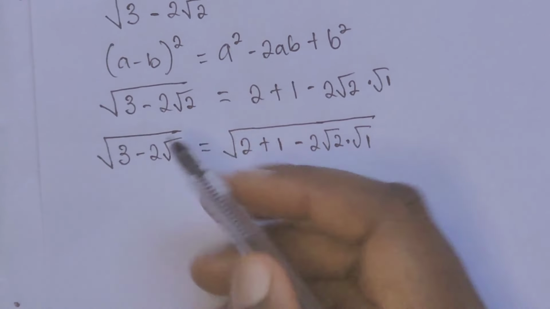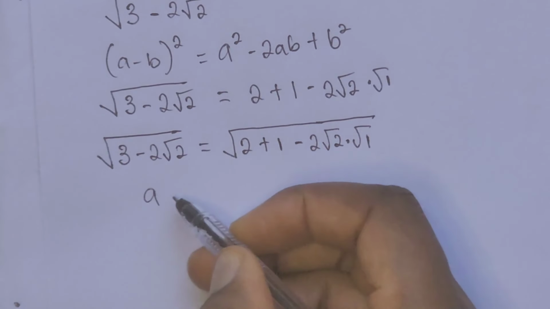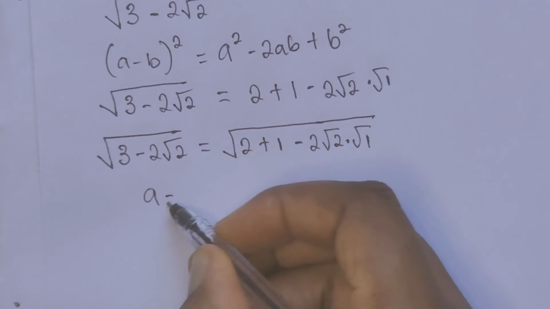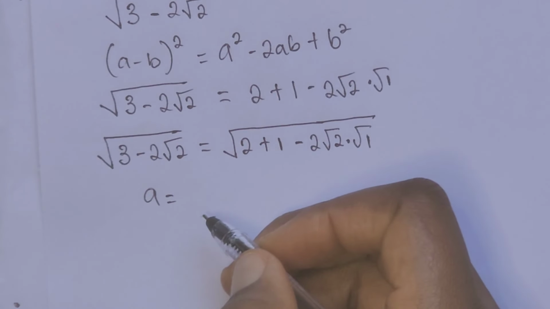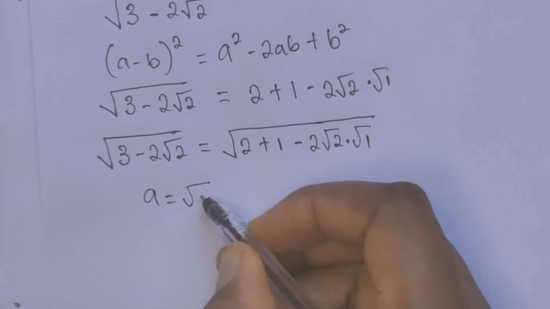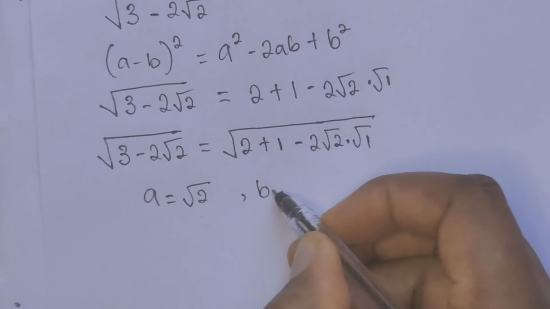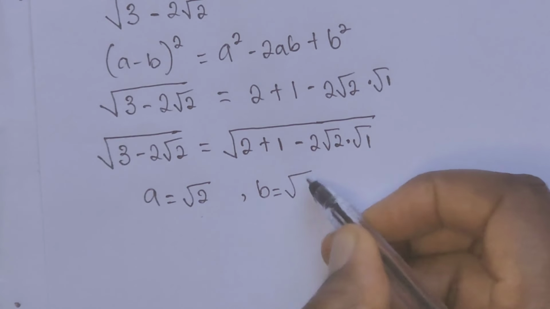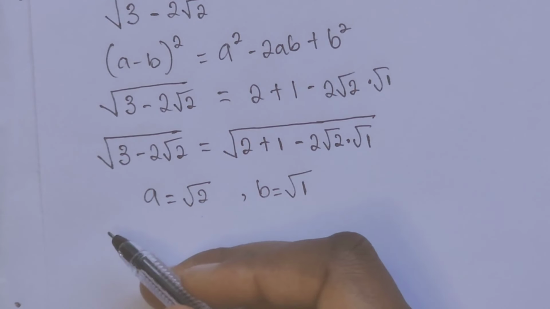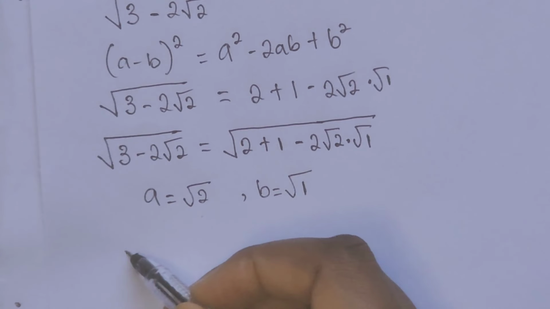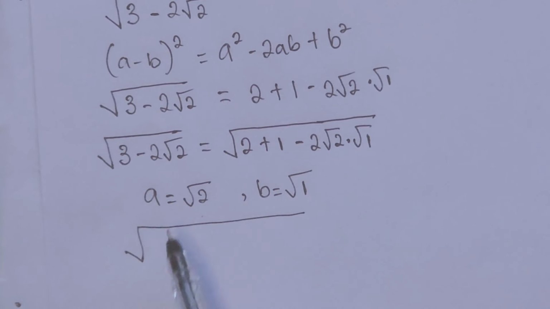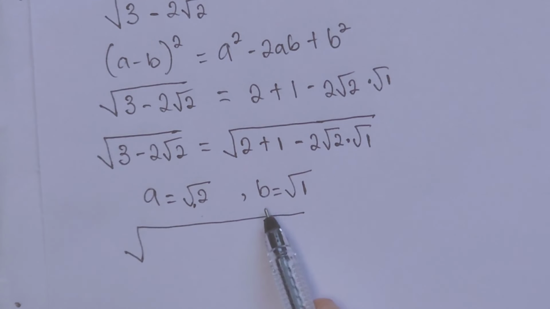So from here, our a is equal to root 2, while our b is equal to root 1. We then have the square root of a is root 2 and b is root 1.